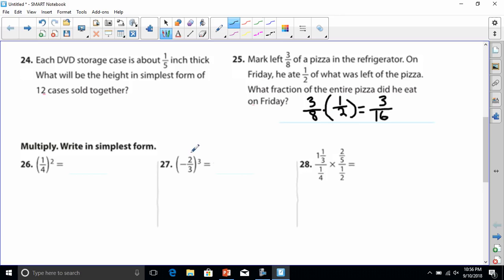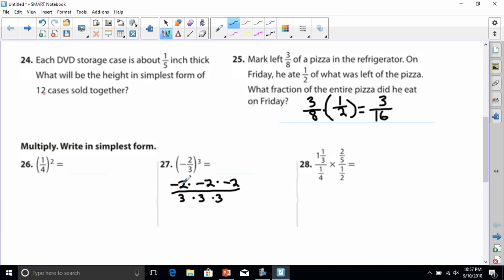The last one I'll do in this section is number 27. 27 says negative 2/3 to the third power. I know I have to take that third power and apply it to everything. So the top part is really negative 2 times a negative 2 times a negative 2. And the bottom is simply 3 times 3 times 3.